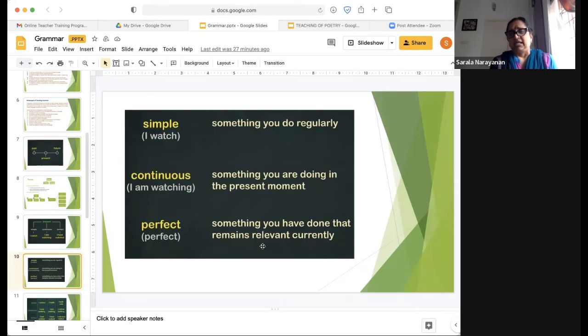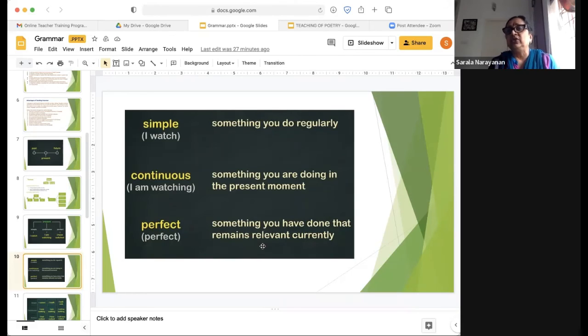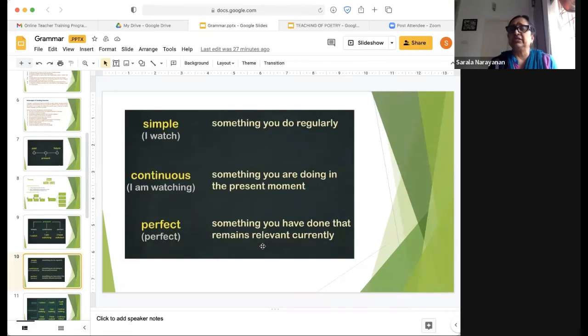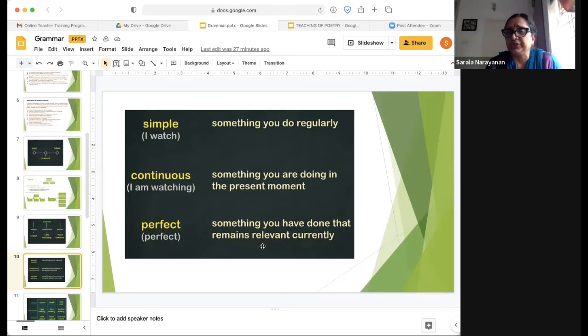Only when it is added with the participle form, as in I have completed, do we call it present perfect tense. Is present perfect and the structure clear? Yes, ma'am, clear how to go about teaching the students.